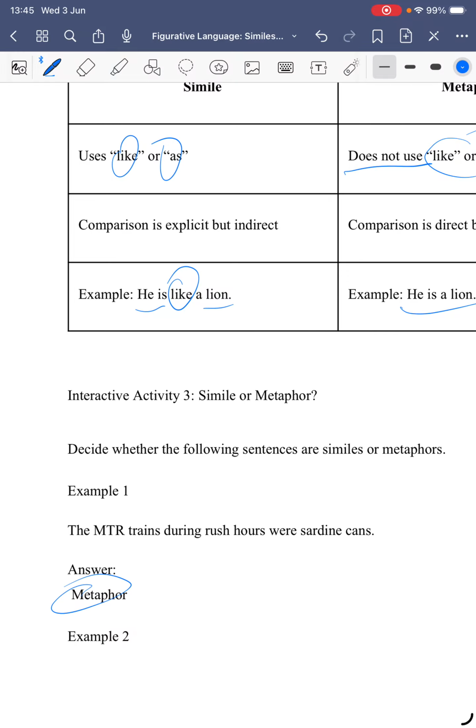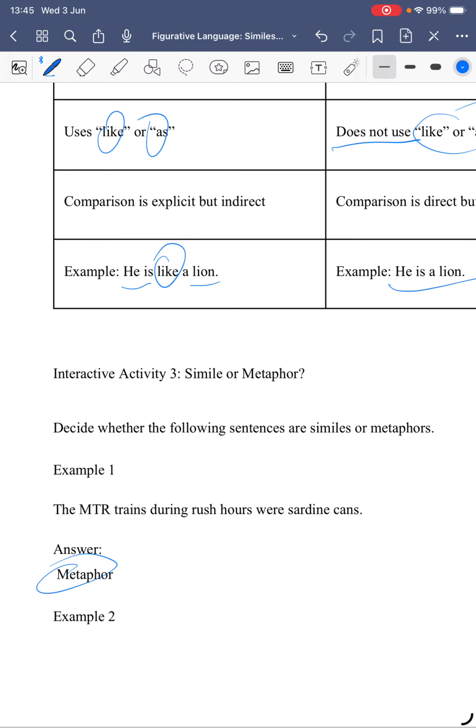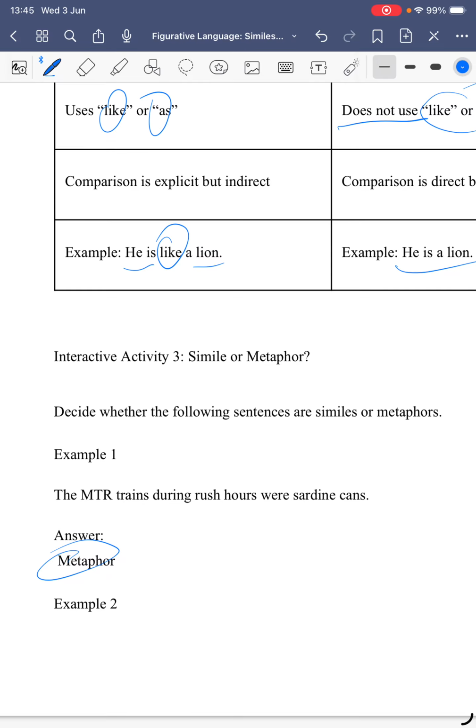Yep, and the next activity is for you to decide whether the following sentences are similes or metaphors. The first one, the empty out trains during rush hours were sardine cans. If we want to make decisions, first thing first, see if there are any comparing words.